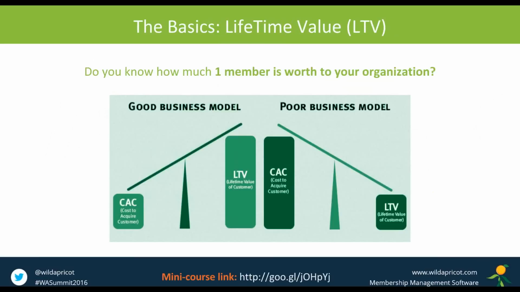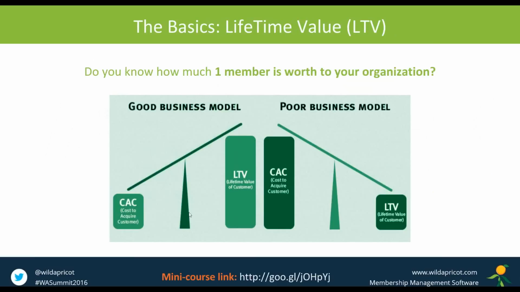The second metric, and the reason the first metric is important, is the second metric that we're going to talk about, which is called lifetime value. What that metric is about is how much is one member really worth to your organization, right? So if you're spending $40 or $50, it really lacks context to figure out whether this is a good thing or a bad thing, until you really know how much that member that you bring to your organization is going to contribute to the dues that you generate in the form of annual memberships or how many events they attend, right?